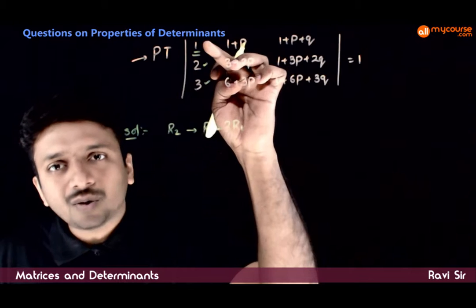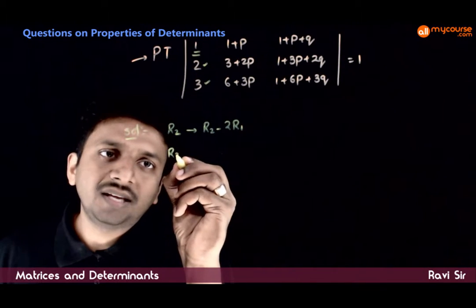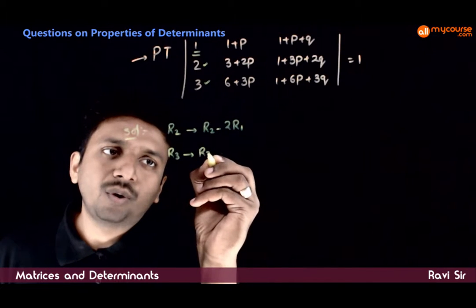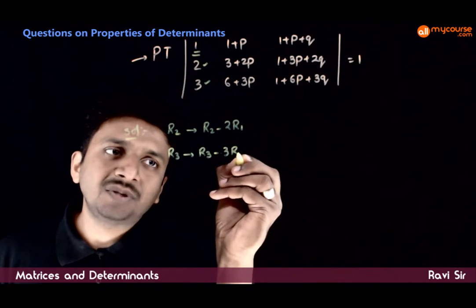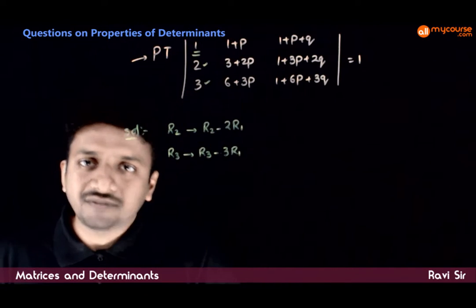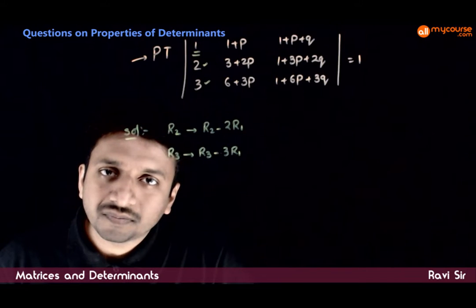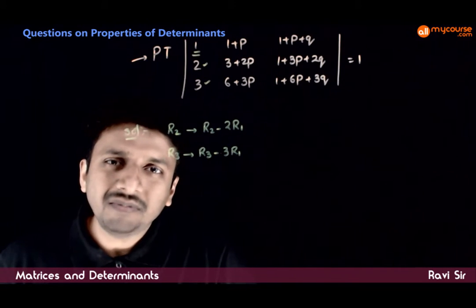I'll multiply row 1 with 2 and I'll subtract it. And row 3 tends to row 3 minus 3 times row 1. So I'll multiply this row with 3 and I'll subtract it from this. So if I do this, these 2 elements are going to be zeros. Hence, the determinant will become fairly easy.